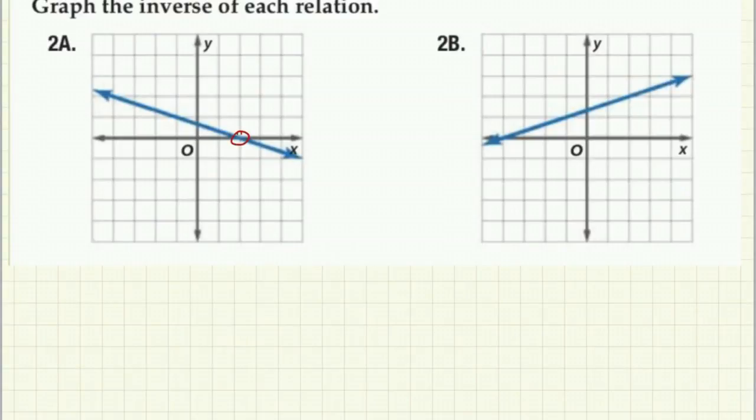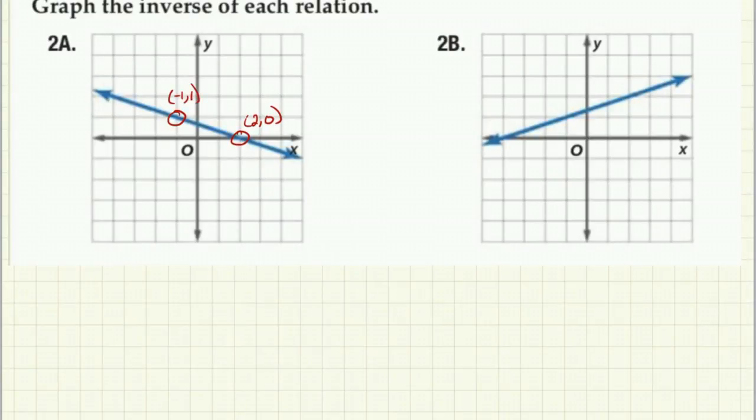So I have a point here, and this looks like my x-intercept. So my x-intercept is at (2, 0). Then I have another point here. I'm just looking for good points that I can easily identify. So this point here is at (-1, 1).